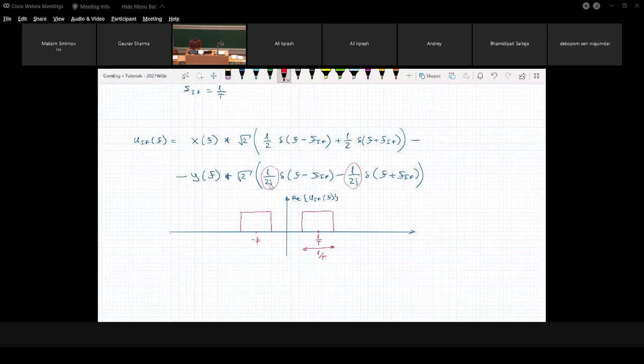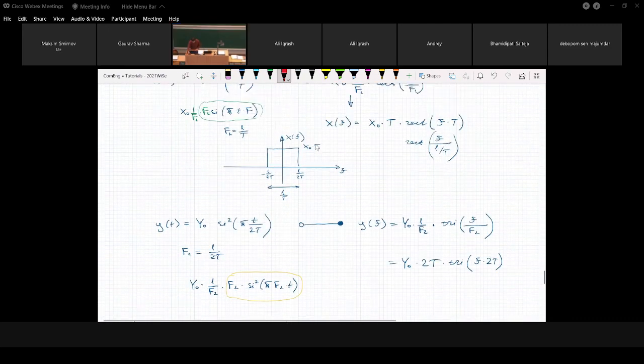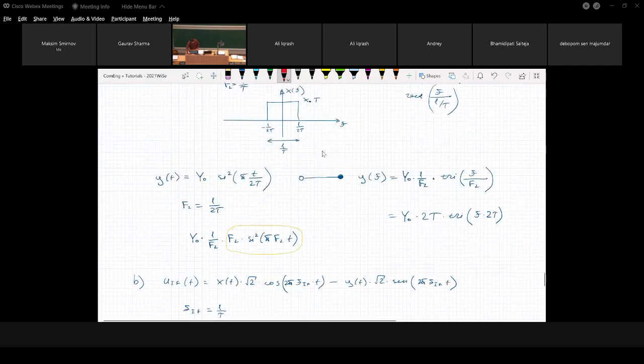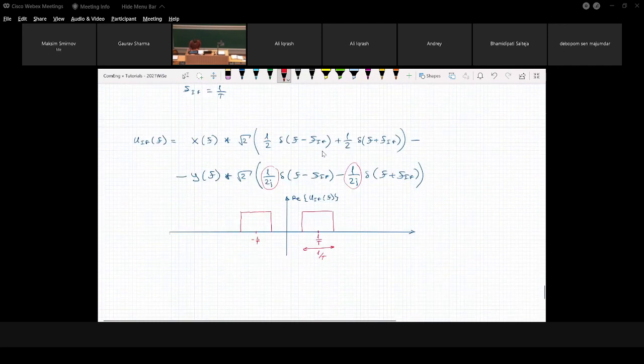Now we need to analyze what the amplitude will be. The original amplitude was x0 times capital T, but then we also have to multiply by square root of 2 and divide by 2. This is the resulting amplitude.